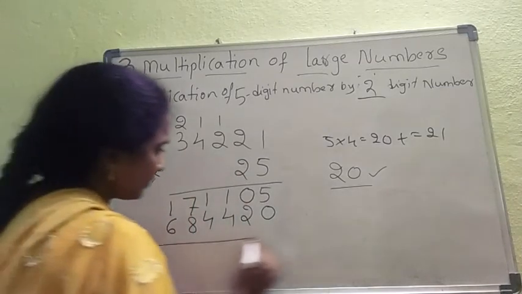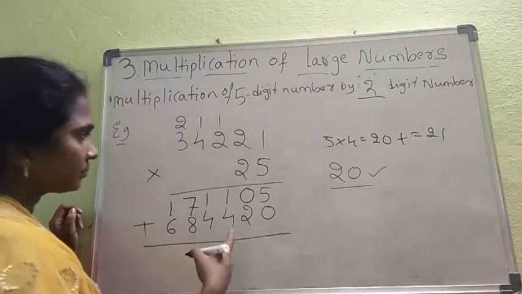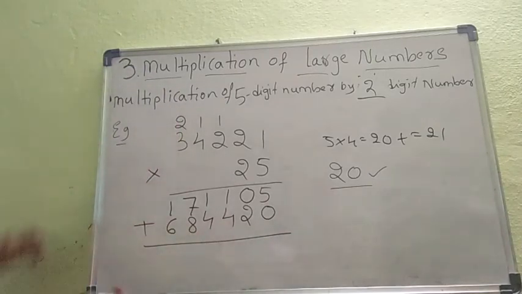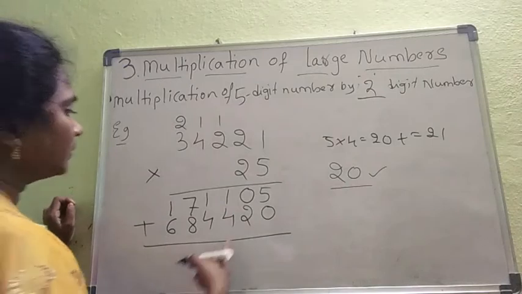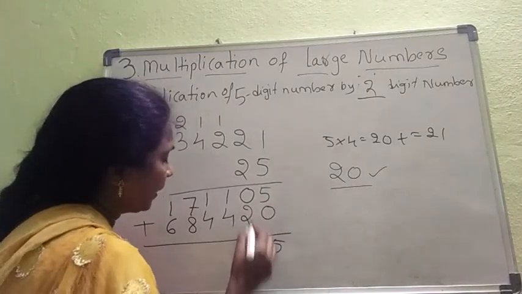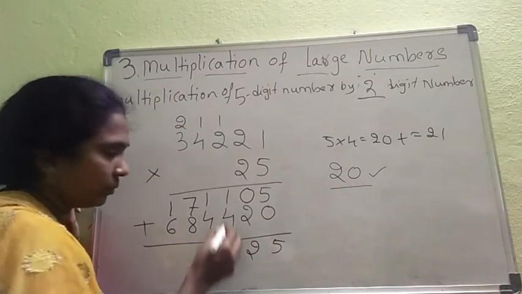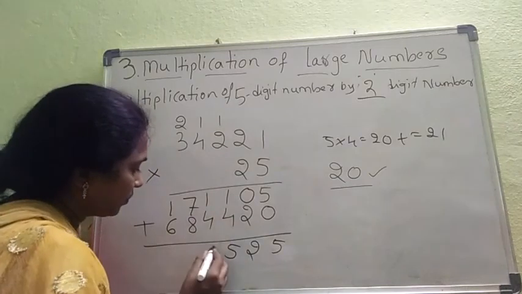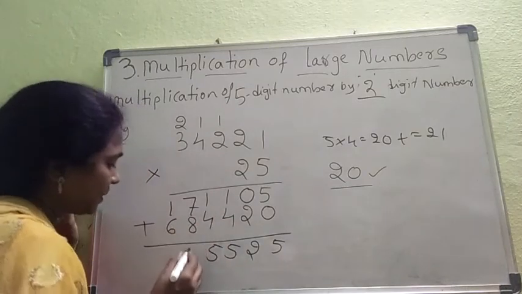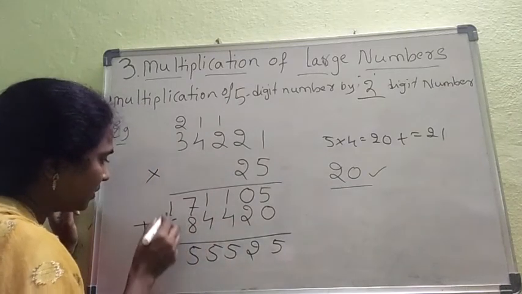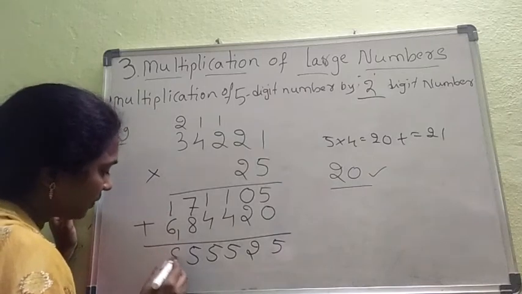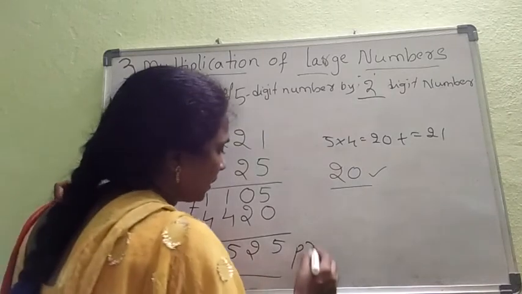Okay, now we should add this. 0 plus 5, 5. 0 plus 2, 2. 4 plus 1, 5. 4 plus 1, 5. 7 plus 8, 15, write 5 and 1 carry here. 6 plus 1, 7. 7 plus 1, 8. This is the final product.